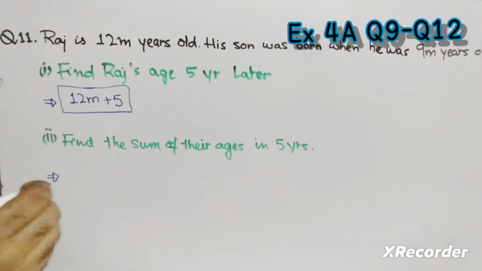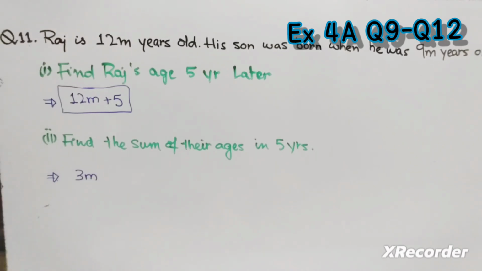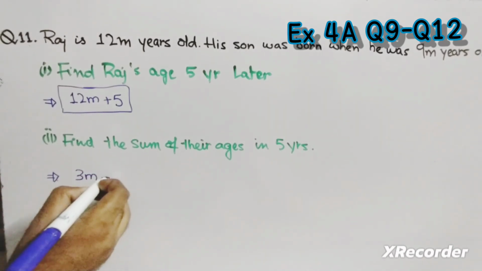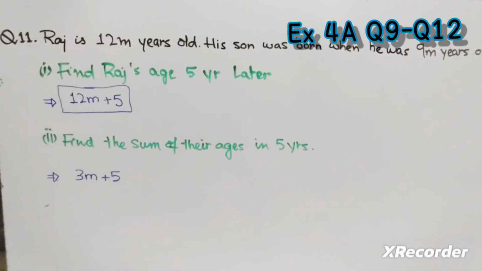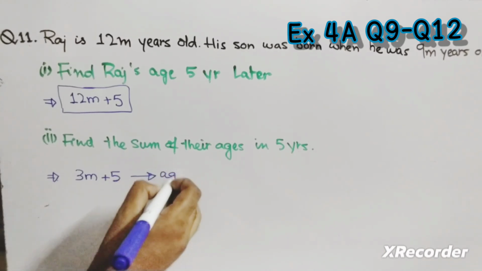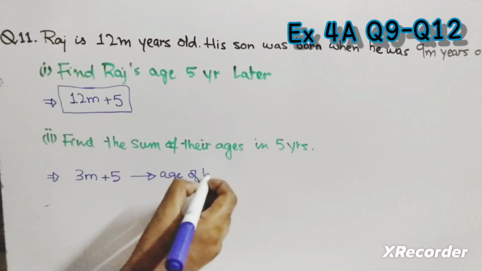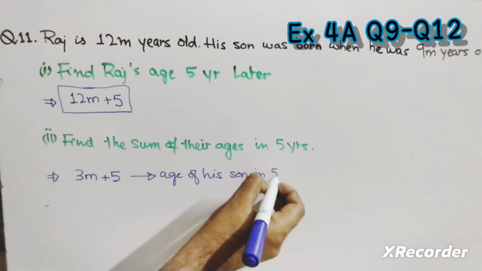So now today his son is 3m years old, but in the next 5 years he will get plus 5, and that will become the age of his son 5 years later.